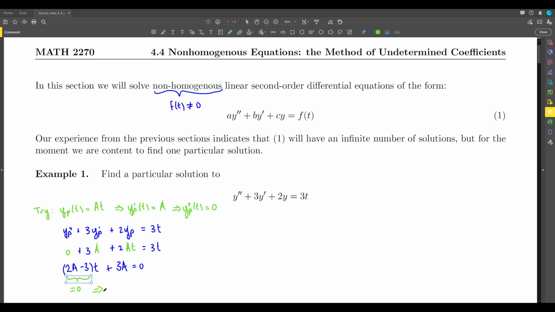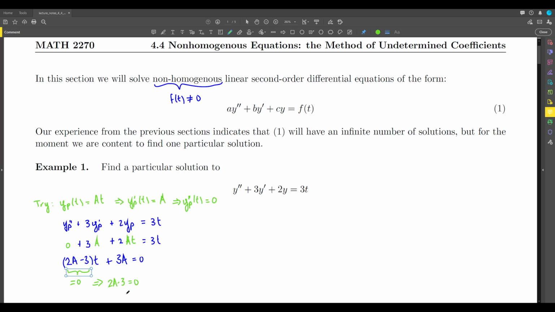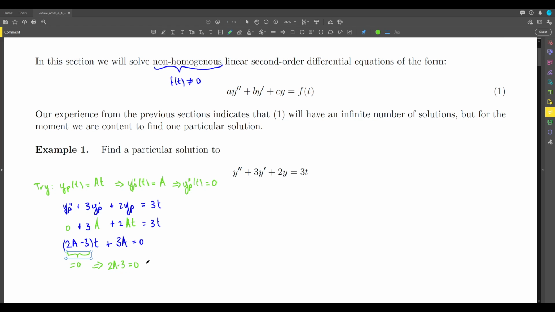So therefore, we know that 2a - 3 = 0, or a = 3/2. But once that is 0, then we have left that 3a = 0. So from this, it follows that 3a = 0, and that means that a is 0.